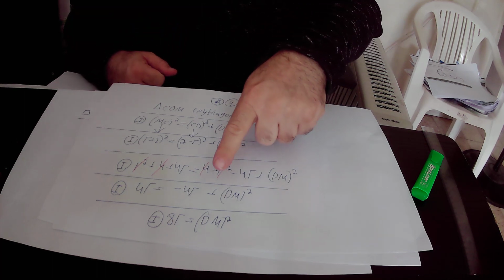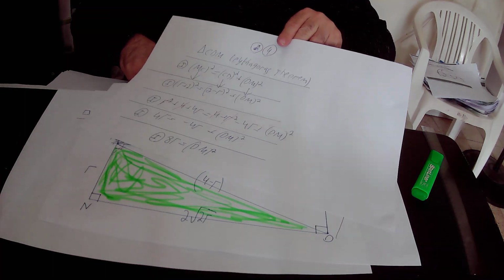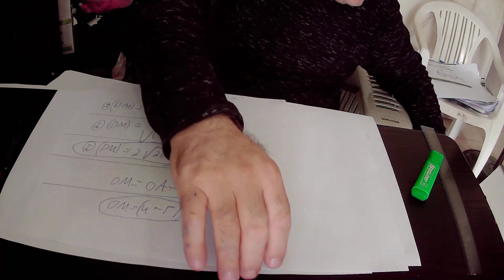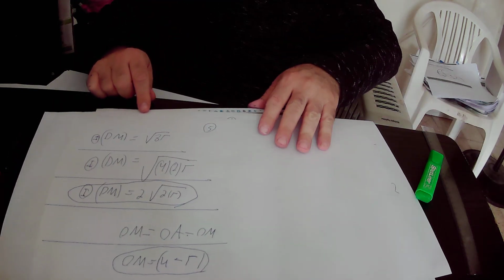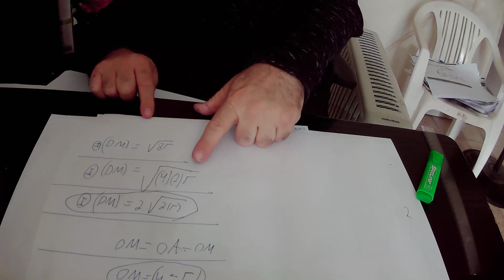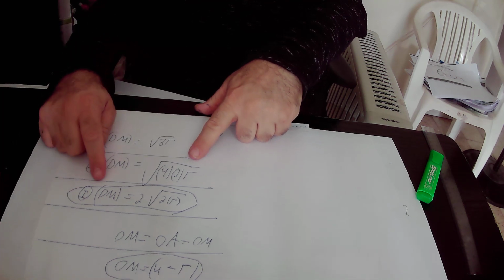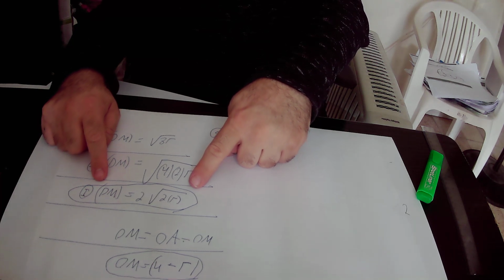We took a root from equation number 1, and we got that MD equals the square root of 8R. We know that 8 is 4 times 2. We substituted 8 by 4 times 2. And the square root of 4 is 2. So in total we got that MD equals 2 times the square root of 2R.